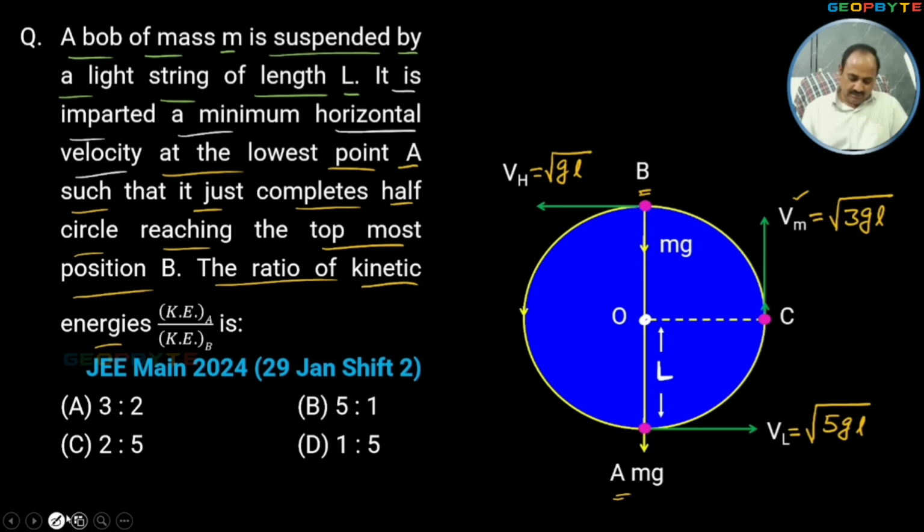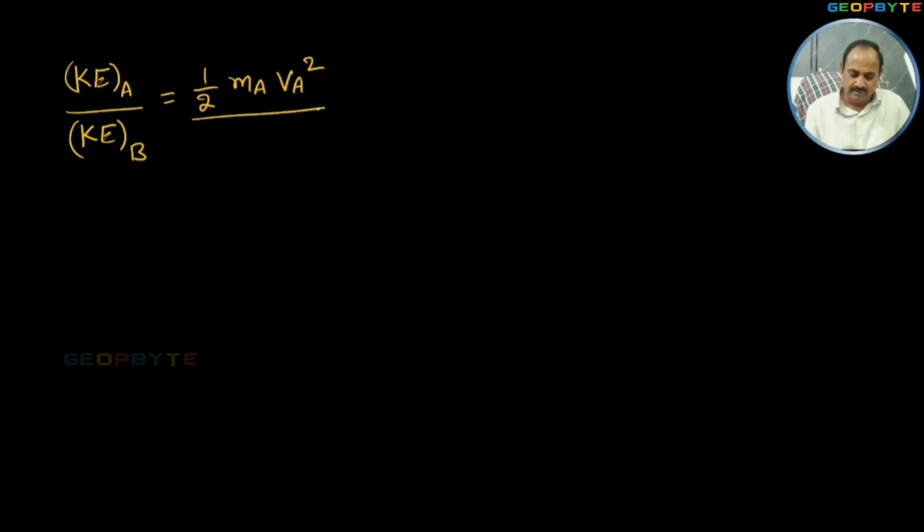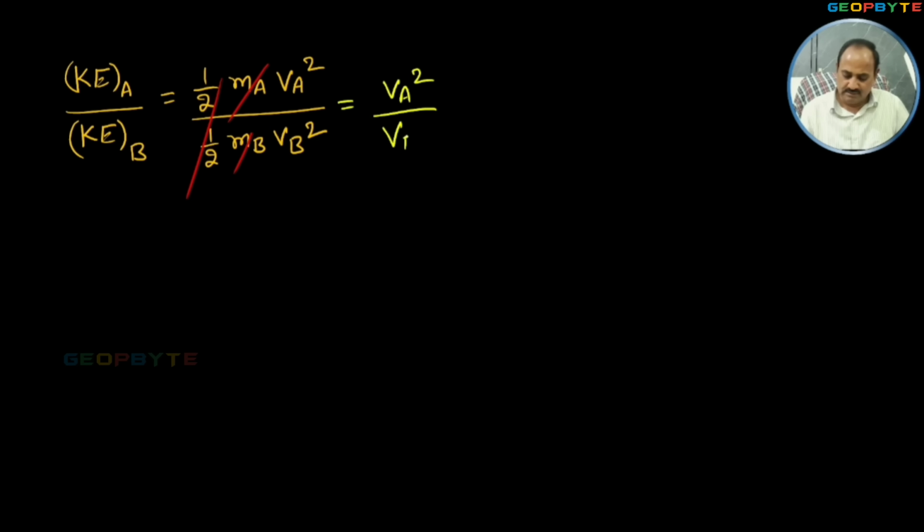Then kinetic energy at A divided by kinetic energy at B is equal to half ma va square divided by half mb vb square. The same bob is moving from bottom to top, so mb equals ma, half cancelling. Finally, it is equal to va square by vb square.